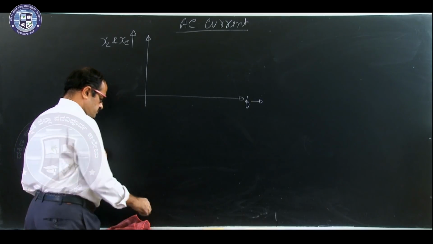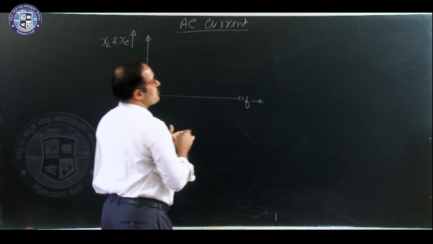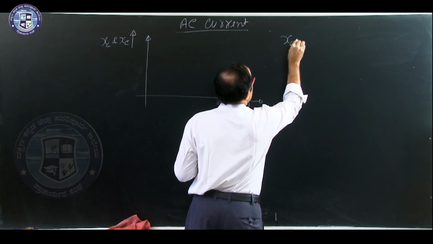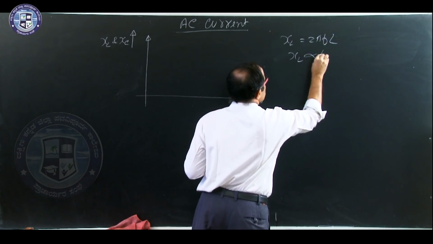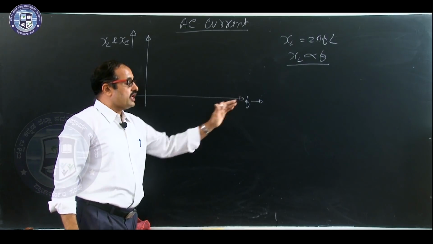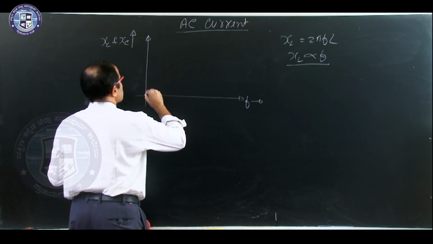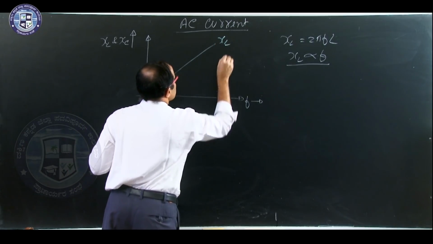Now, we know the inductive reactance. What is the equation? Inductive reactance is 2 pi f L, or XL is proportional to frequency. Therefore, if you increase the frequency of the AC, then the inductive reactance increases. The graph is a straight line.